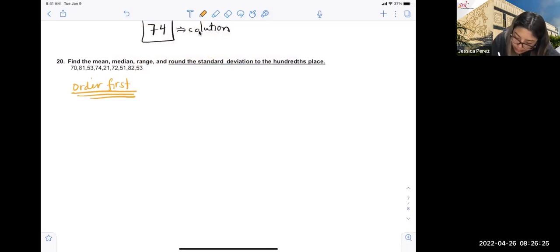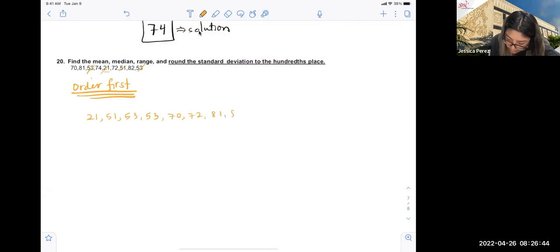So this number is 21, right? 21, and then there's 51, and then there's 53, there's 53, and then there's 70, and then there's 72, and then there's 81, there's 82. Oh, I'm missing one. See how you have to go slow. There's a 74, there's a 72, there's a 70, and then there's an 81 and an 82.